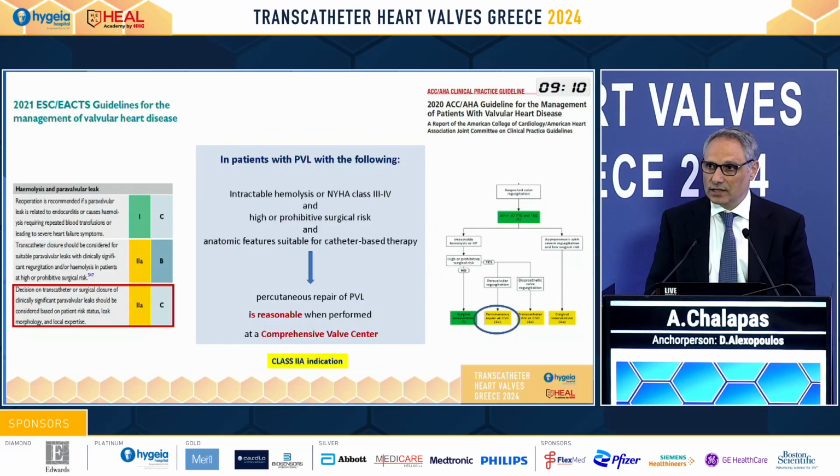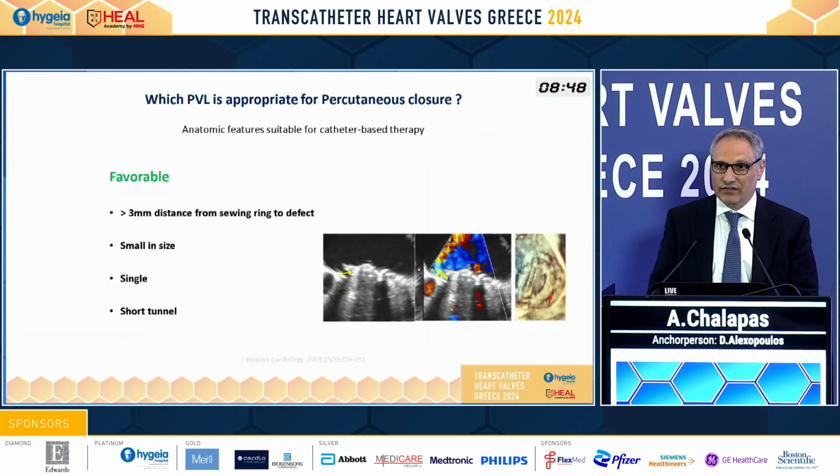So based on that, guidelines from both sides of the ocean suggest as a Class 2A recommendation the PVL occlusion in mitral position based on percutaneous approach when these procedures are done in comprehensive centers with high experience, when the surgical risk is very high or prohibitive, and of course when there are favorable anatomical characteristics.